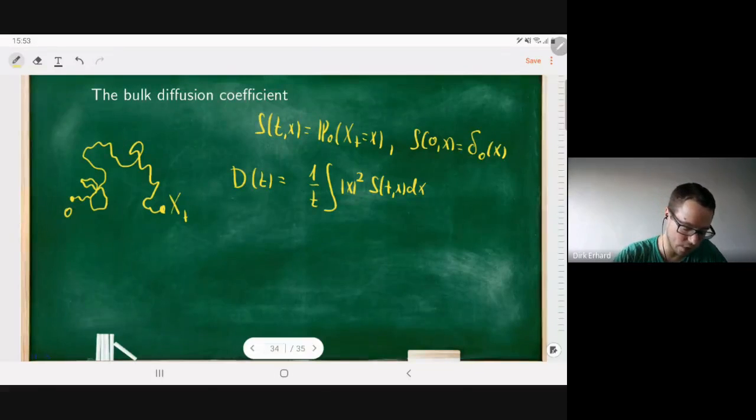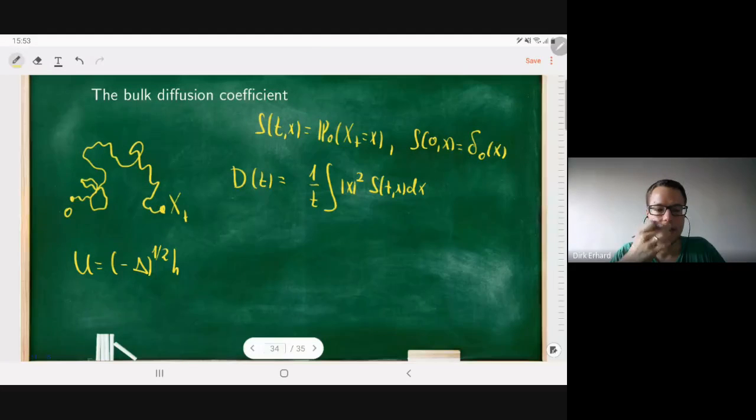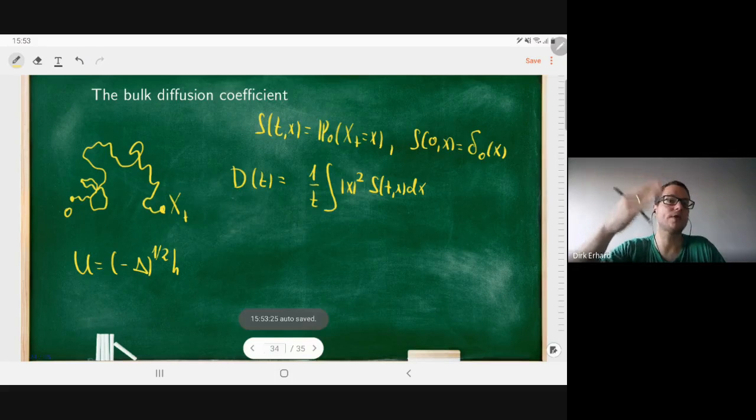And one way of doing it is that instead of h, it turns out it's slightly more convenient to look at this. So what is this? The half Laplacian of h. The way you calculate the half Laplacian is you calculate the Fourier transform of h, and then you multiply each Fourier component with k.